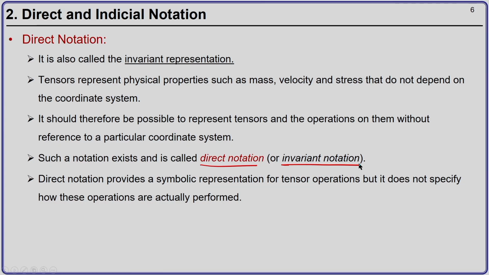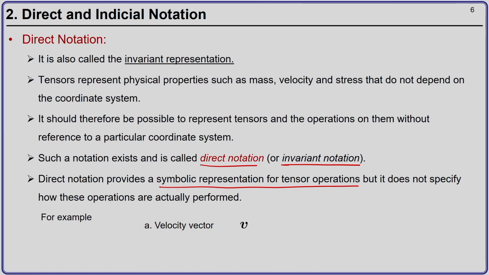Direct notation provides us a symbolic representation of tensor operations. So, when you write the operation between tensors in direct notation, it is a symbolic representation. However, it does not tell you how these operations will actually be performed. So, we look into some examples.